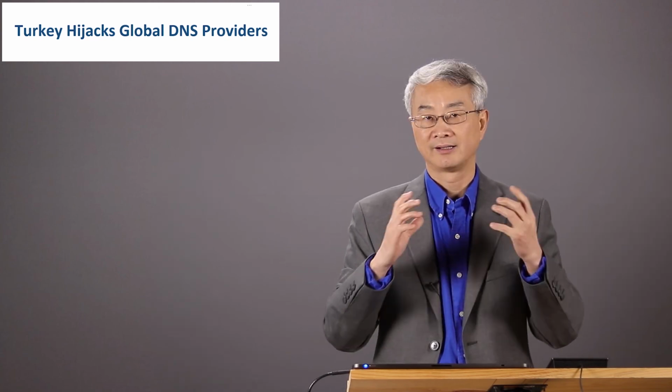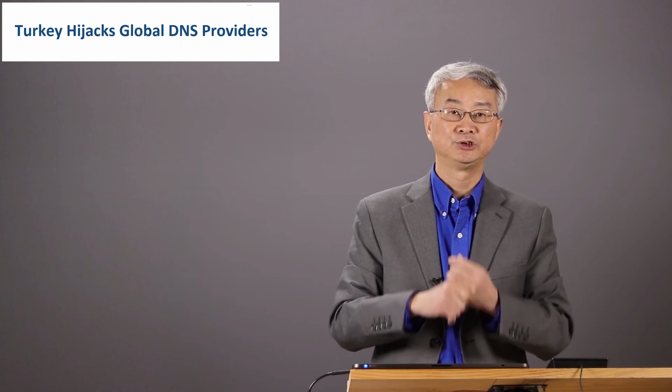Here's another case which is also quite interesting. This time it involves Twitter and Turkey. The reason was similar. There were some tweets on Twitter that were offensive to Turkey, and so they decided to block Twitter.